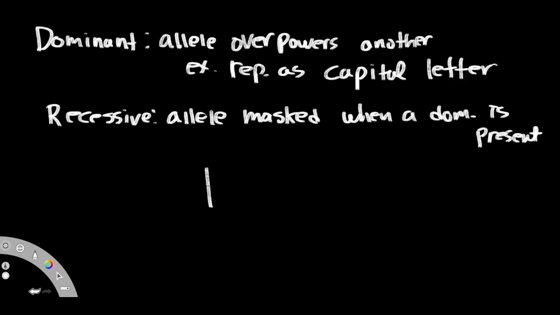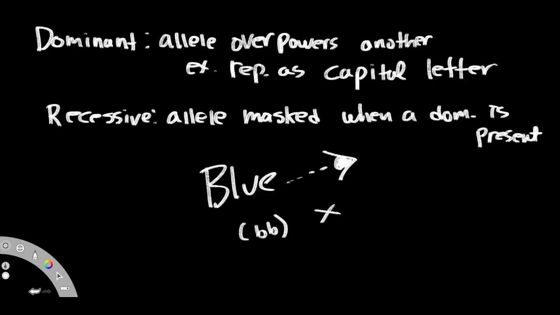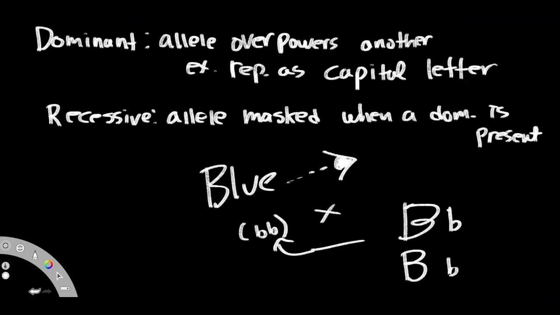So that blue-eyed person, you can see that they have blue eyes that you can literally see, right? But what you cannot see is a small b allele. That's what you cannot see. And where did this thing come from? It came from the dad's big B, small b, and the mom's big B, small b. So which one is recessive here? Which allele is recessive? Obviously this one and this one is recessive.